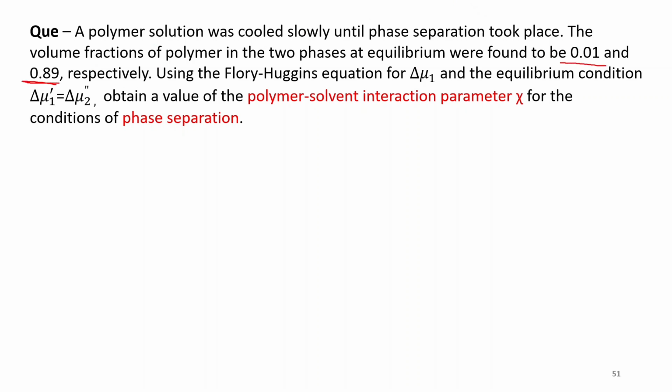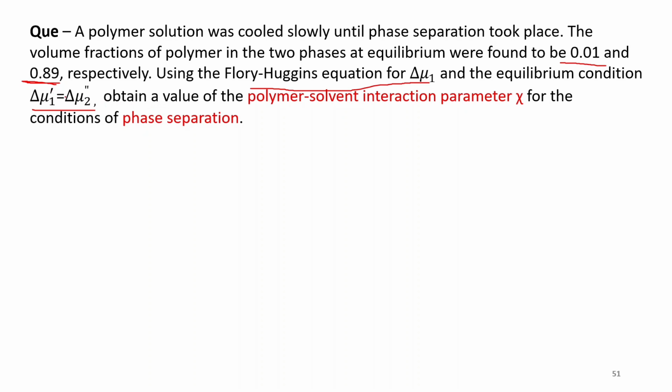So we have the volume fraction of the polymers in the two phases at equilibrium. Now it is saying that using the Flory-Huggins equation for delta mu1, the equilibrium condition is delta mu1 dash is equal to delta mu1 double dash.